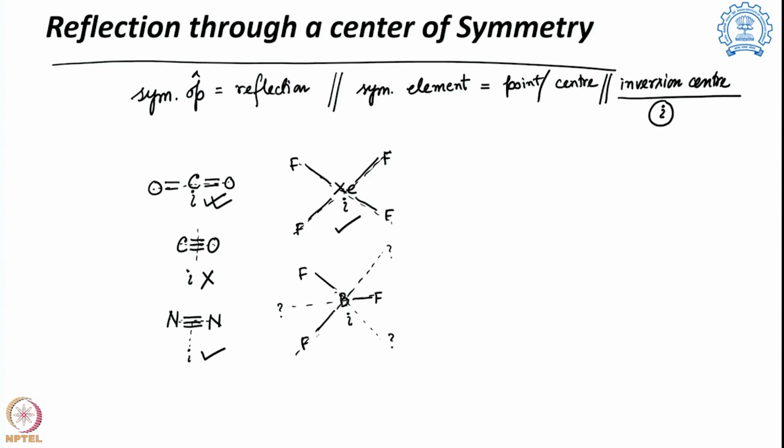So if I reflect this fluorine through the center of the molecule, the boron, I am not seeing the reflection on the other side where a fluorine would need to be present. So it is not going to give me a superimposable and indistinguishable form if I do a reflection through the center. So I will say there is no center of symmetry present in this particular molecule. Now, get to the next one.